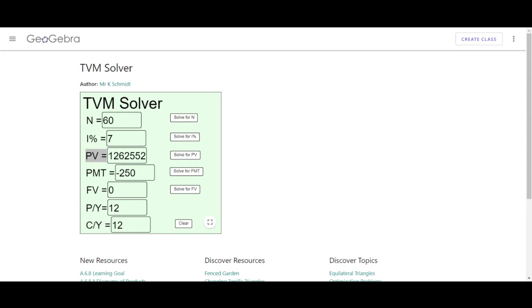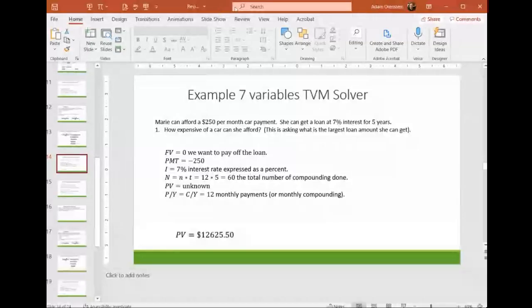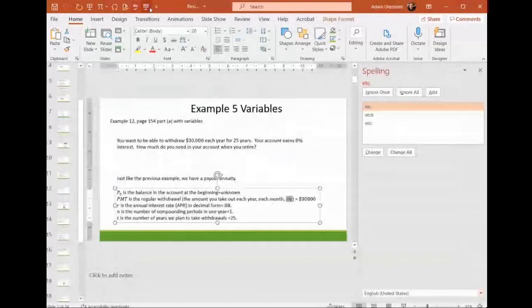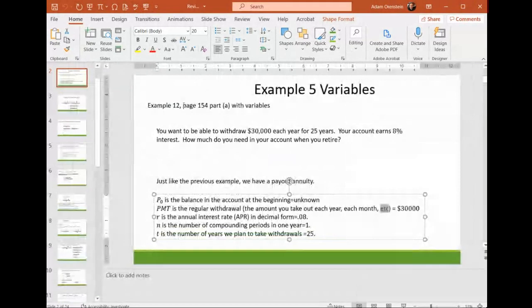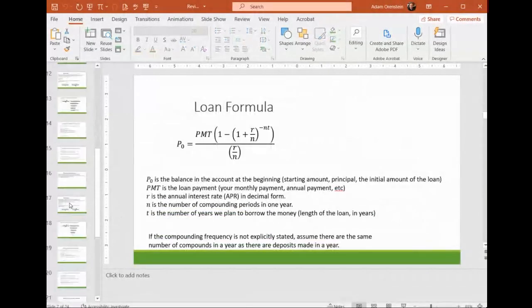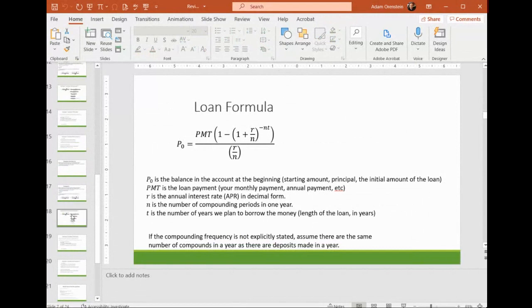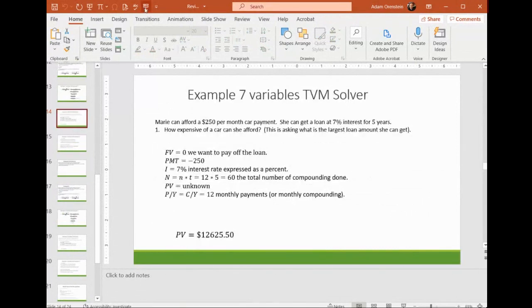Let me stop this. Let me get back to the notes. Oh, darn it. Pressed the spell checker by mistake. All right, good.